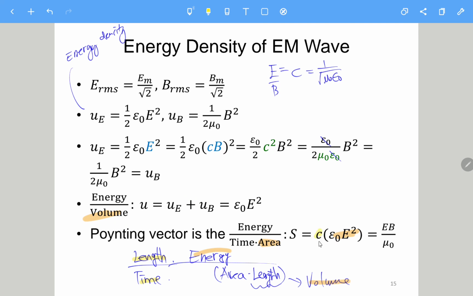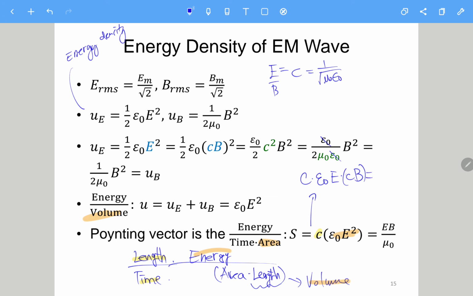So altogether we have c epsilon naught E squared, and then we have E equals cB. So we have c times epsilon naught, times E, and then times cB, because E equals cB.